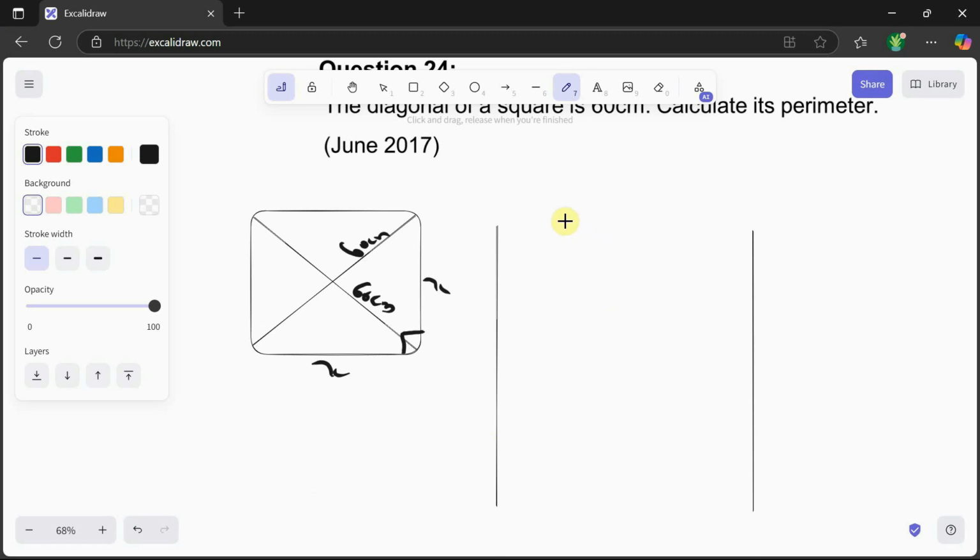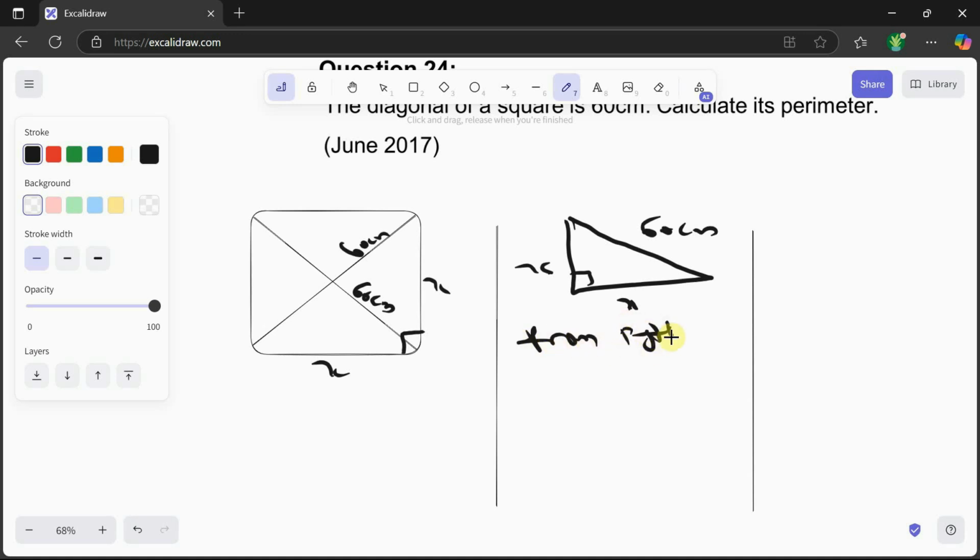So I'll just take out one part of the triangle. This is 90 degrees, right? This side is x, and the diagonal here is 60 centimeters. So from Pythagoras again, we know that the hypotenuse squared is equal to the opposite squared plus the adjacent squared.